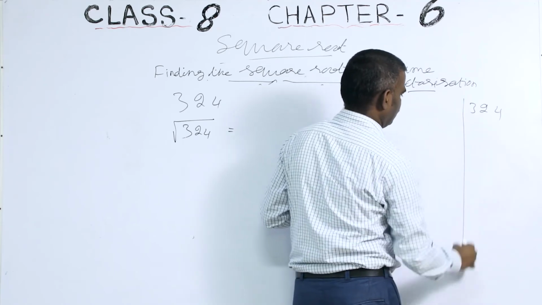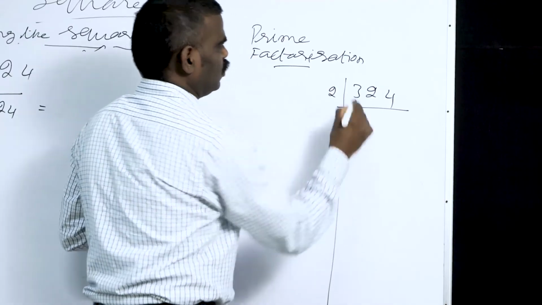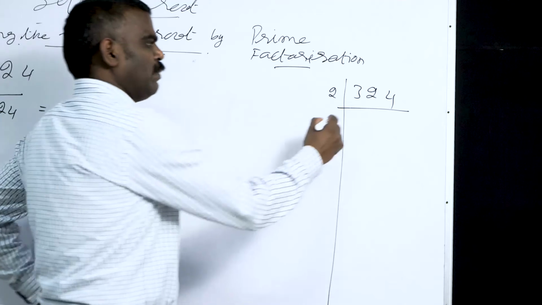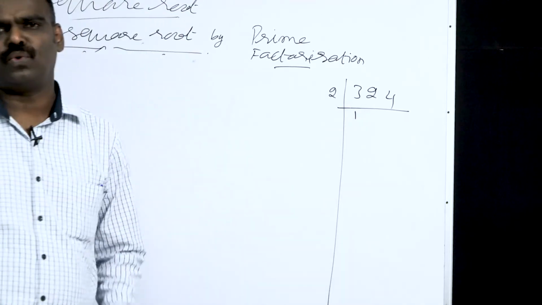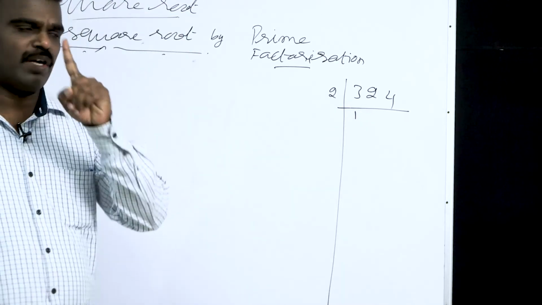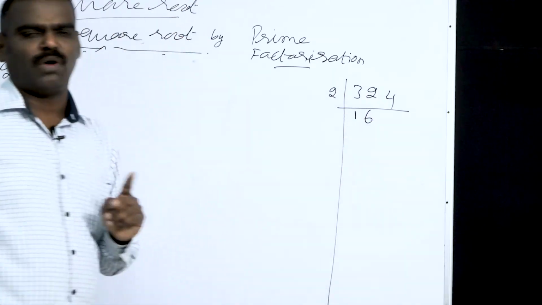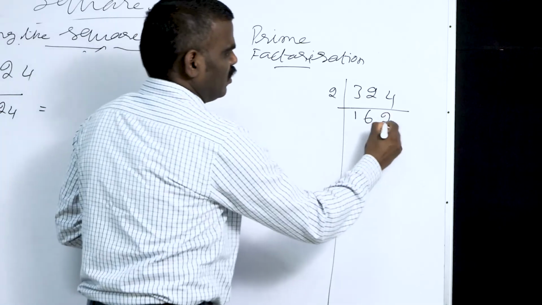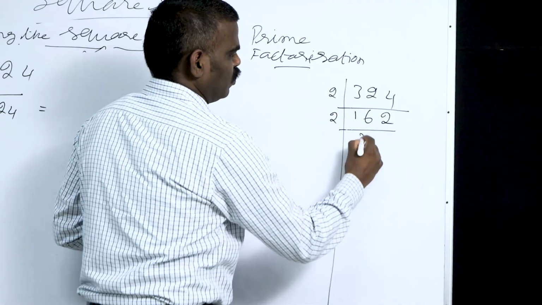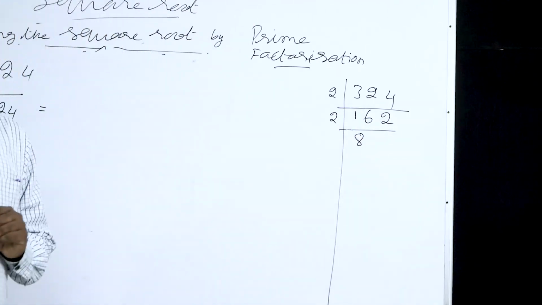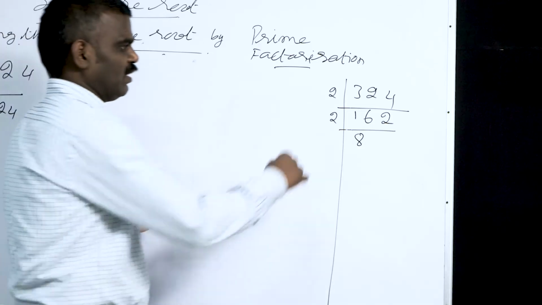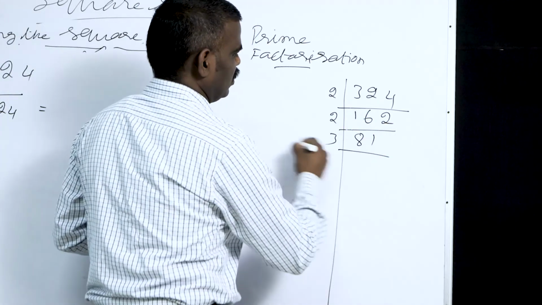Factorize 324. 2, how many times? 1 time. 1 2 is 2. How much remainder? 1 remainder. Then it will become 12. 2 how many times? 6 2s are 12. Next, 2 2s are 4. Again 2. 2 8s are 16. No remainder.